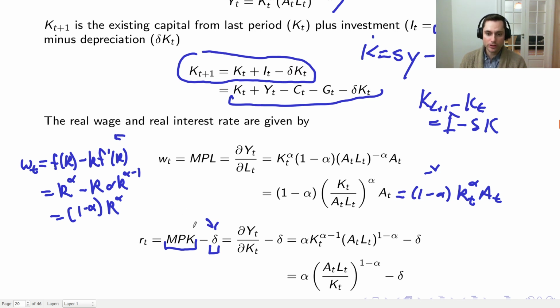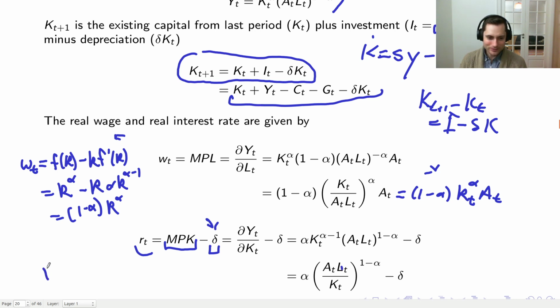So here, because of depreciation, we're actually driving a wedge in between the rental rate of capital and the rate of return. Okay, so if you remember, when we analyzed the neoclassical growth model, we had assumed that there was no depreciation. That's why those two things were identical. Once we had depreciation, then there's this little wedge in here. So you can do the calculation, and sure enough, it's going to look very similar to what we had before. This is just the derivative of the production function in terms of little k, right?